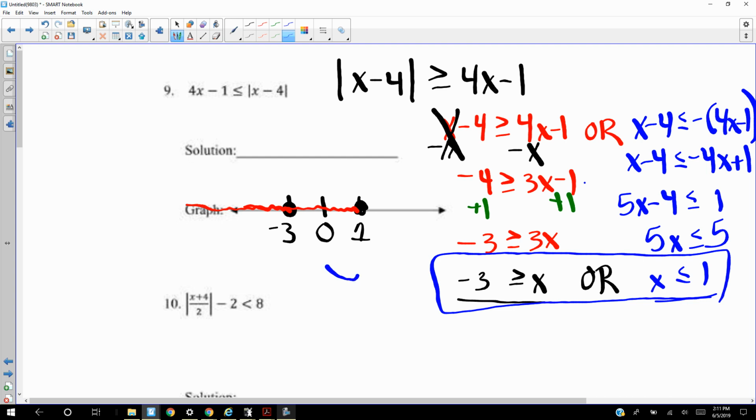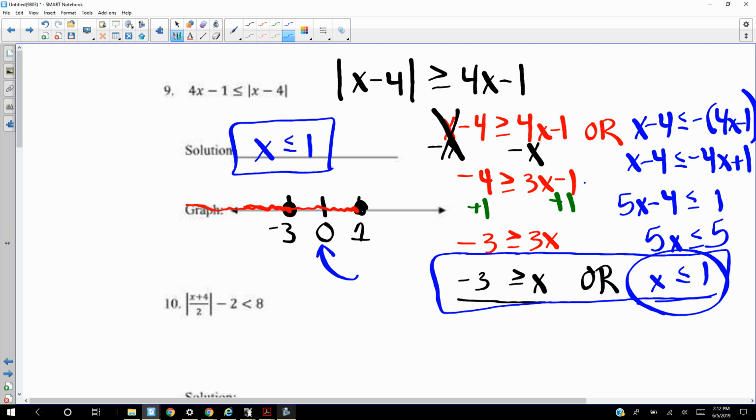So for instance, the number 0 is a solution. While it's not less than negative 3, it does make this part of the inequality true. So our solutions to this problem are actually anything less than or equal to 1.